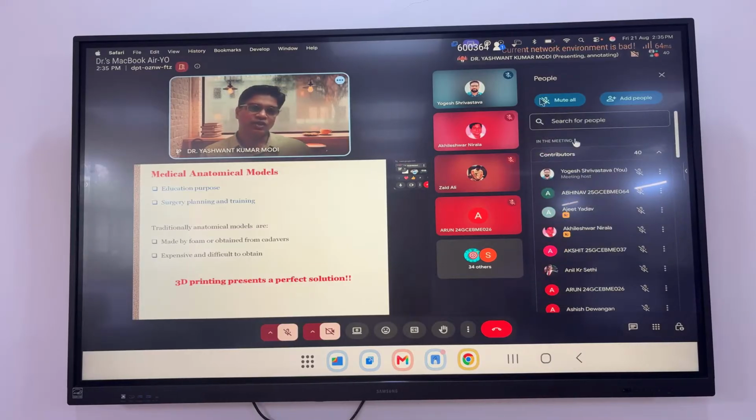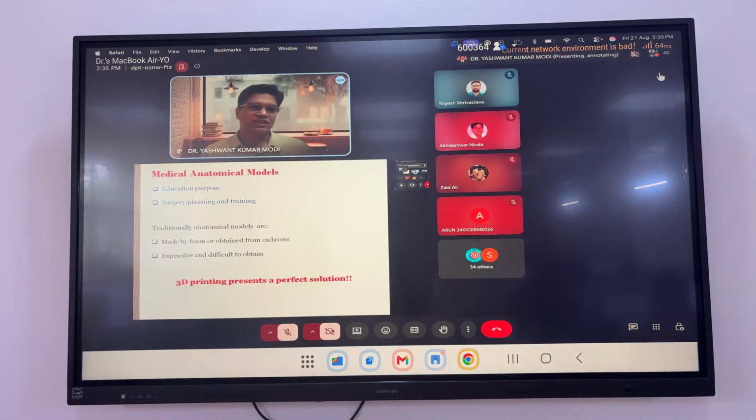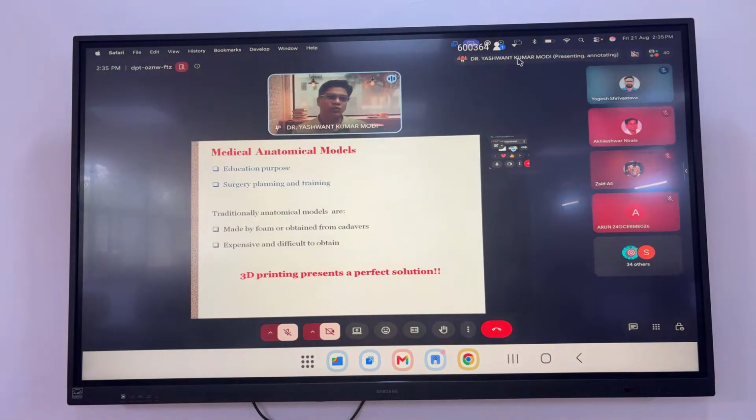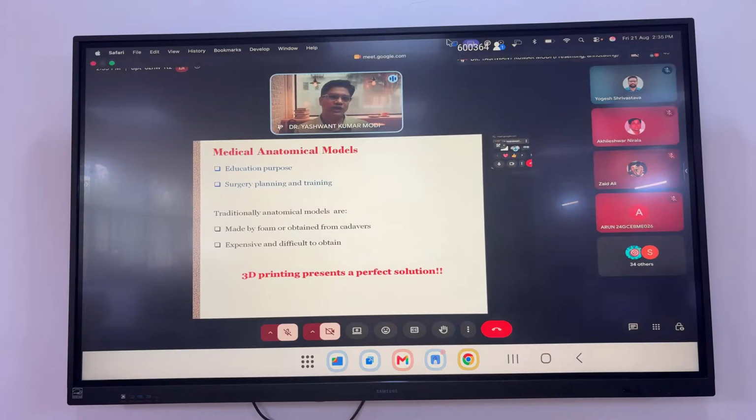For training purposes, they require anatomical models. They are usually obtained from cadavers or created by other processes, but they are very expensive and difficult. More importantly, if we create them using some other process, it is very difficult to obtain a customized shape of the models.